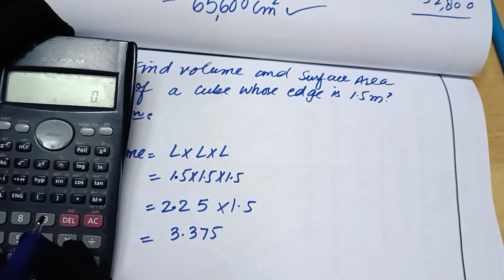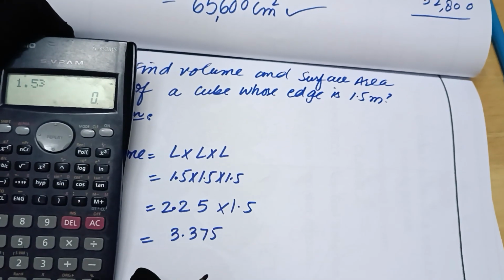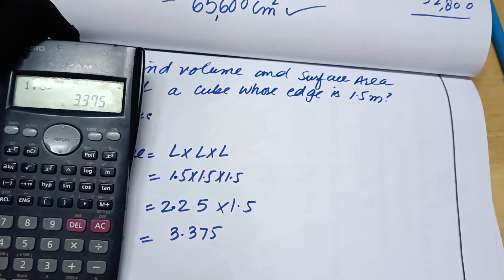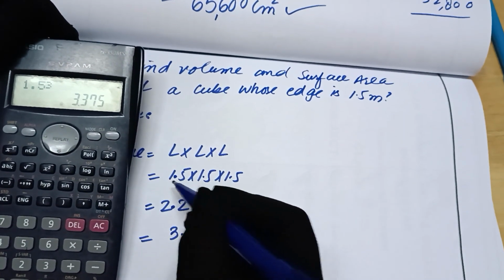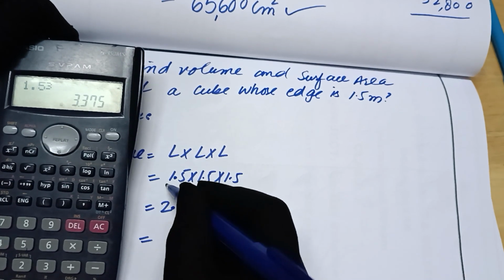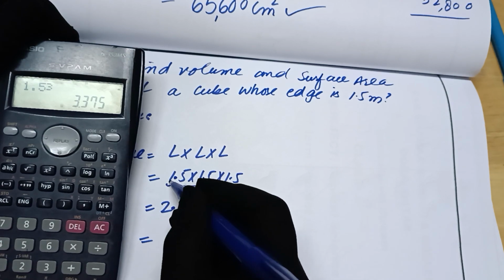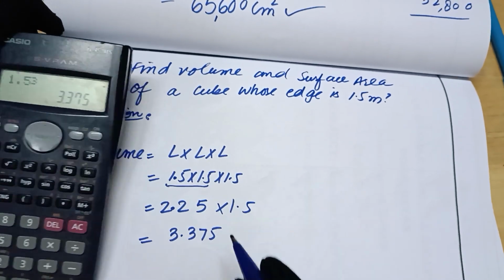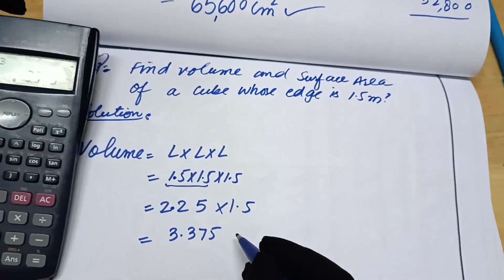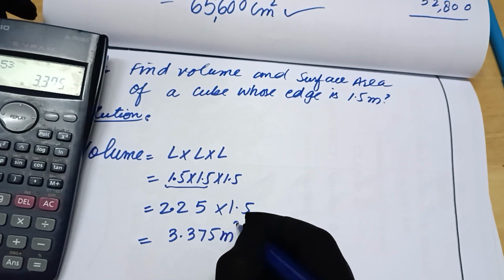Or we can take 1.5 cube also. The cube key multiplies it by itself 3 times, and gives the same answer. So you can multiply in a simple way, two numbers and then the third, or directly cube 1.5. So you find the volume of the cube, and the unit will be meter cube.